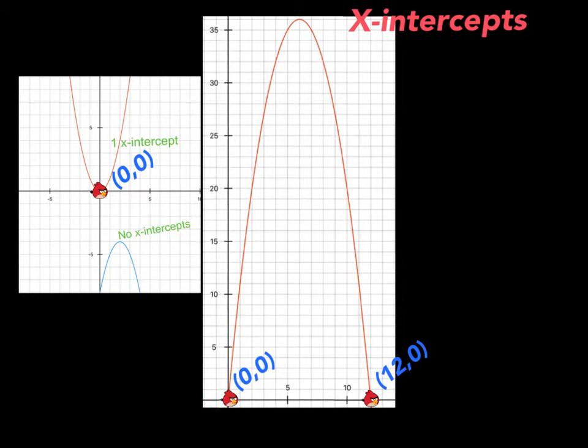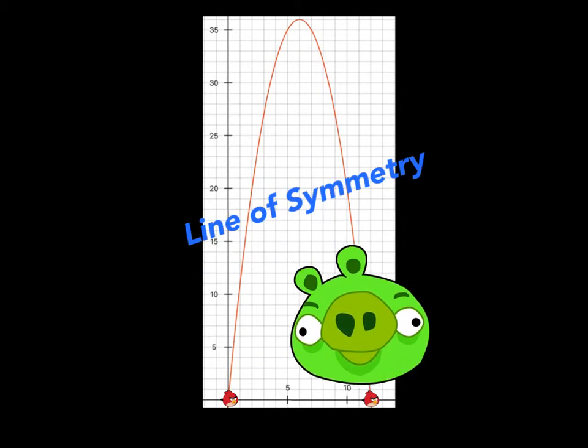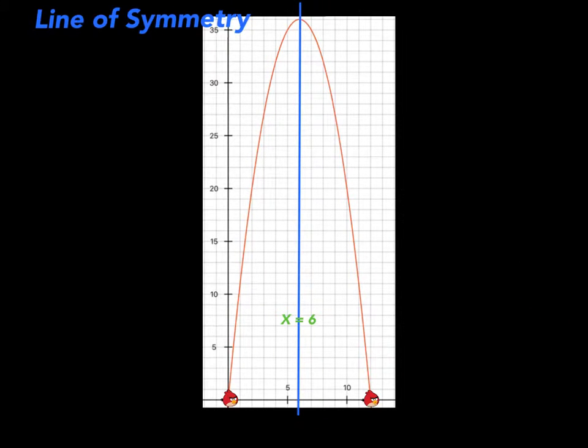And knowing where these x-intercepts are can help lead us to the next important feature, the line of symmetry. The line of symmetry splits the parabola exactly in half, and it's found precisely between these two x-intercept points.